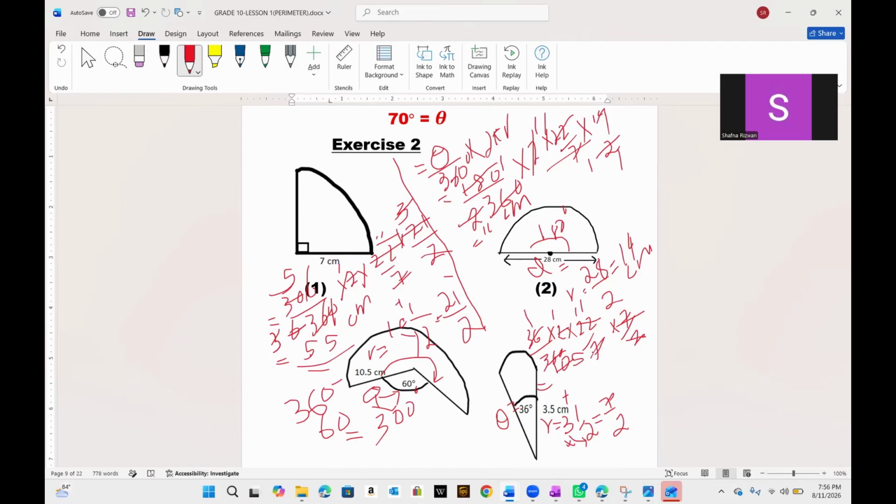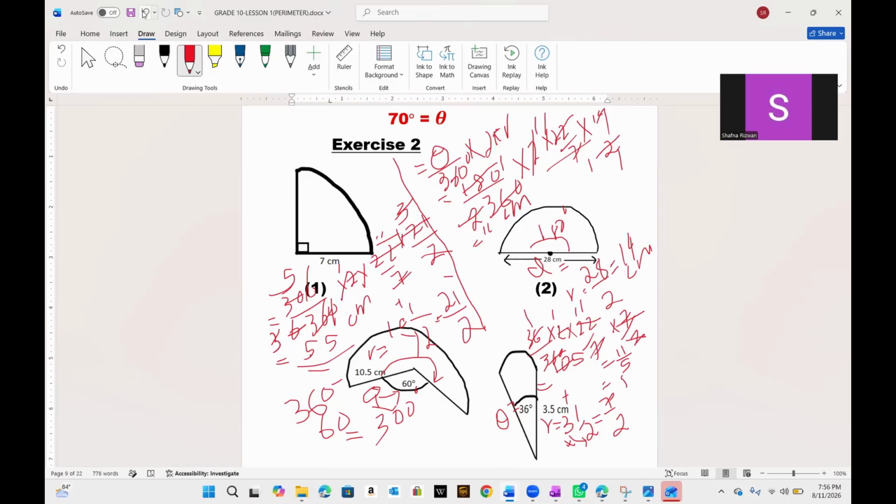Then what is remaining? 11 divided by 5. Am I right? 11 divided by 5, that's what is remaining, right? 11 divided by 5 is how much? 5.5 centimeter.